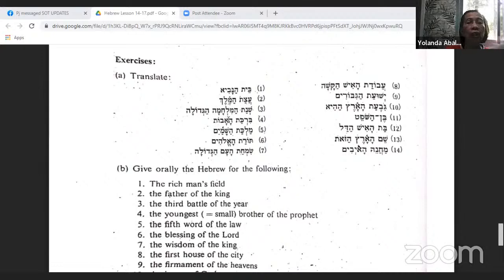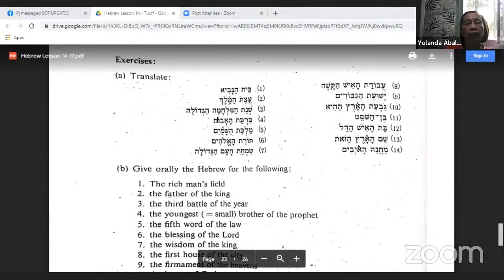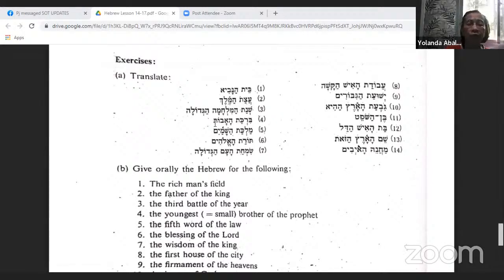The fathers' blessings. The blessings of the fathers. The fathers' blessings. And then we have Malkat. The occupation of Hashamayim. Malkat. The rules. The ruling of Hashamayim in the heavens.